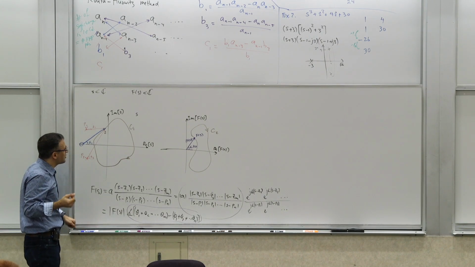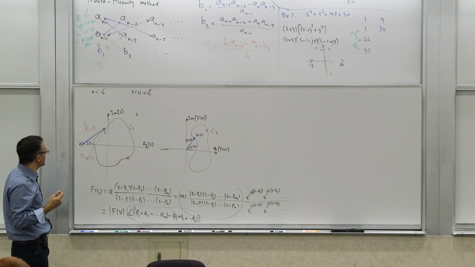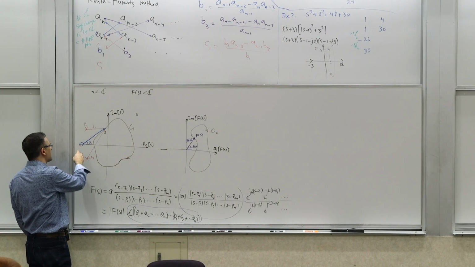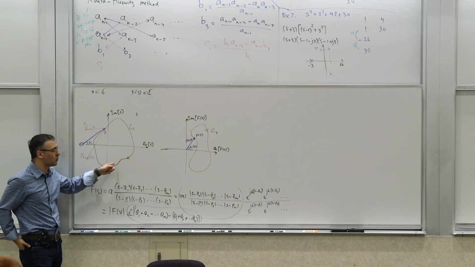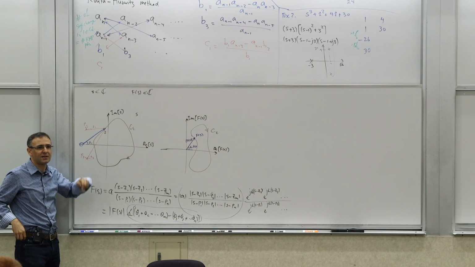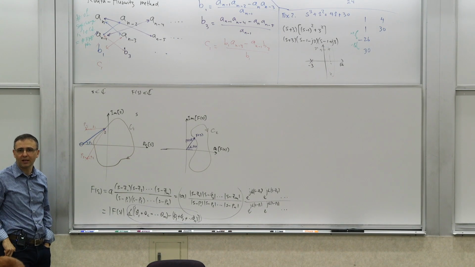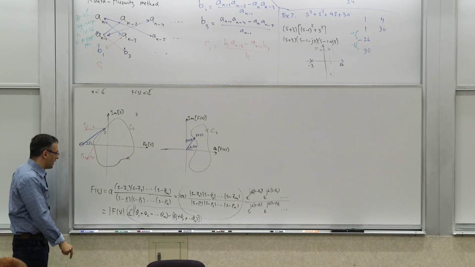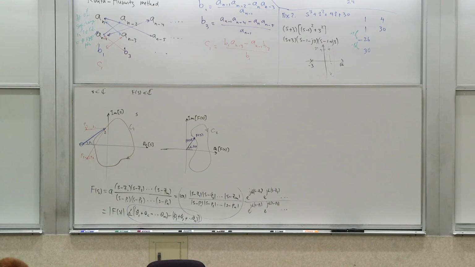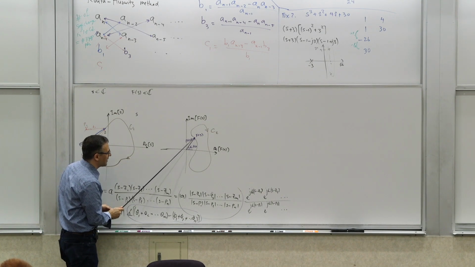So now the question is, what happens if I don't have any poles and zeros inside this contour? If I pick a contour that doesn't have any poles and zeros inside, what would you get? What would happen to the total phase? Well, think about it this way. Let's say this represents the vector, this guy.